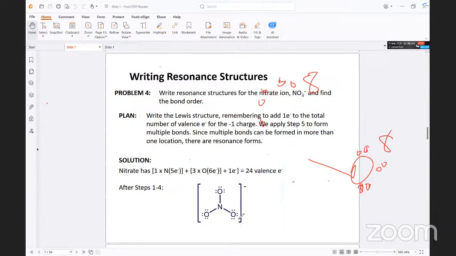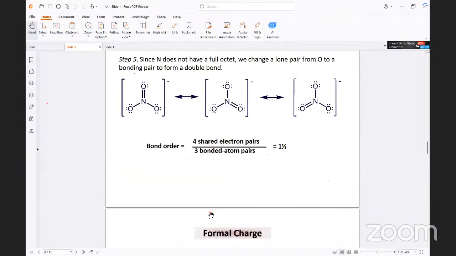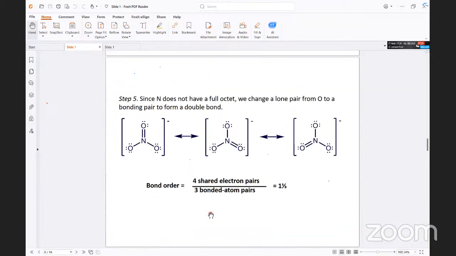If you look at this that is already on the slide, you will see that the nitrogen here has 1, 2, 3, 4, 5, 6, so it has three bonding pairs, which is 6. It's not complete. It's supposed to be 8. So that means that there is a pair of electrons that is unsaturated, I mean, that is a double bond.